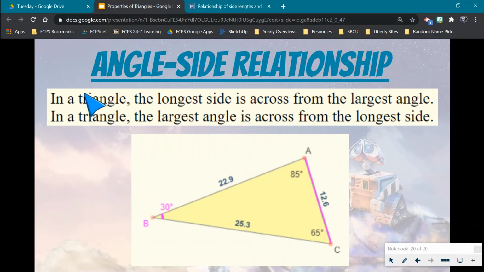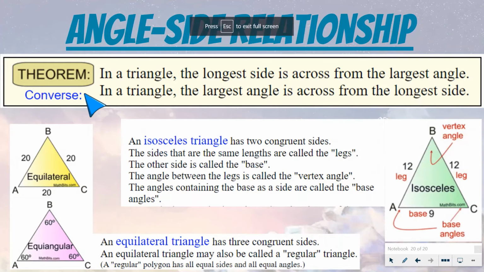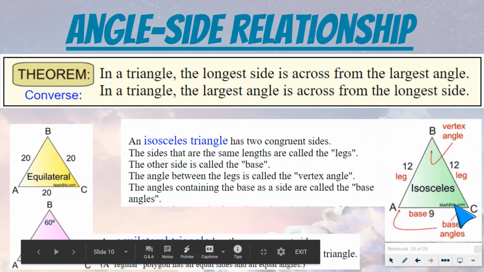So that generates two particular triangles, more than just two, but these are two that I just want to point out. An isosceles triangle is when we have two angles that are the same, creating two legs that are the same. Actually, that's going to be our next theorem that we talk about. But we have a base and then two legs that create a vertex angle, and those are our base angles.